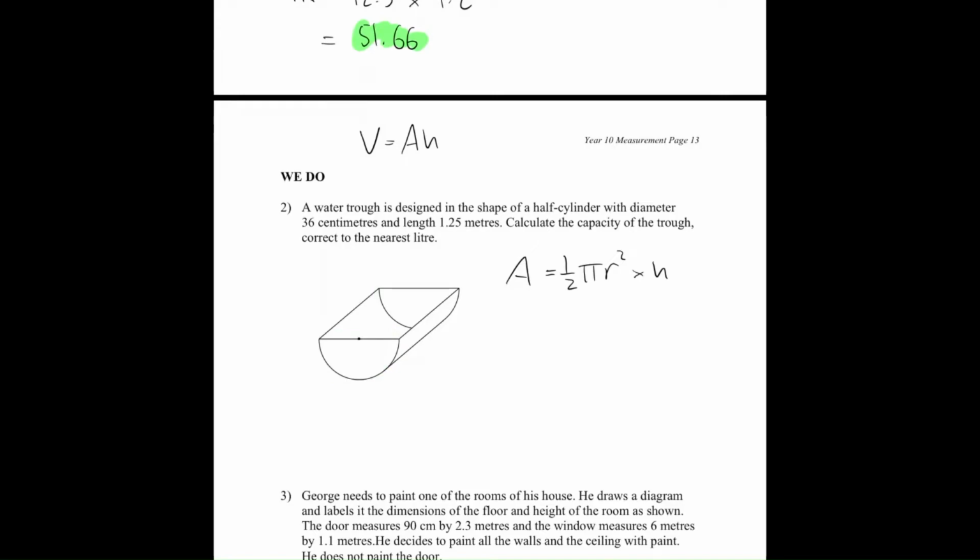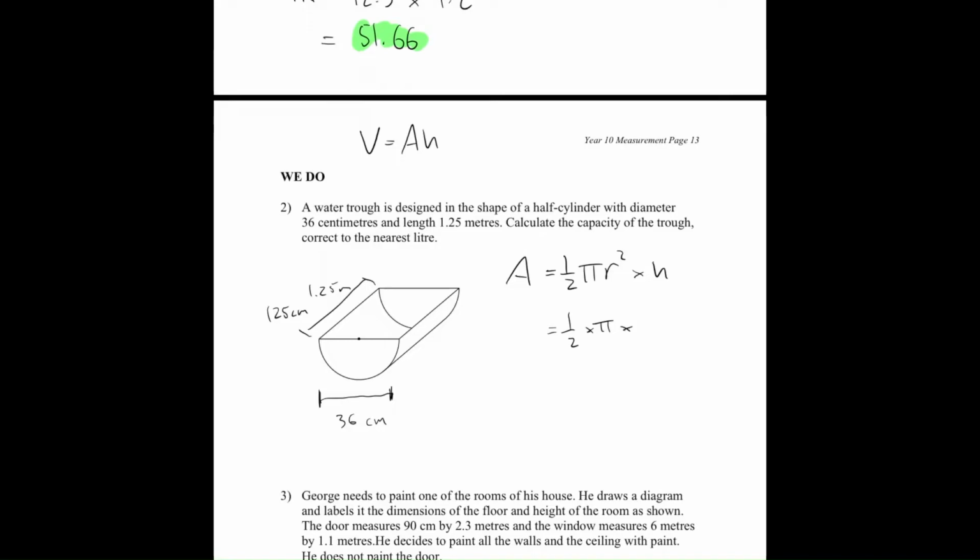Now, we have to be a little careful in this question because we're given the diameter in 36 centimeters, and we're given the length in 1.25 meters. You could convert either of these measurements. I'm going to make this one 125 centimeters, and I'm going to do everything in centimeters. So I come over to my formula, I plug in the numbers.